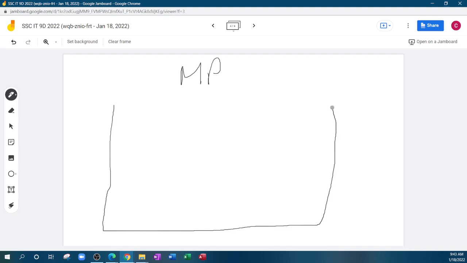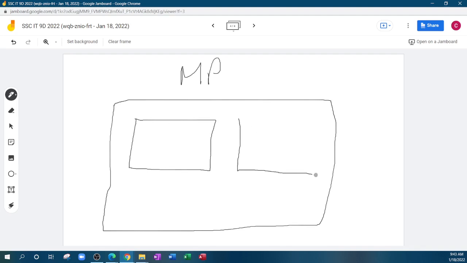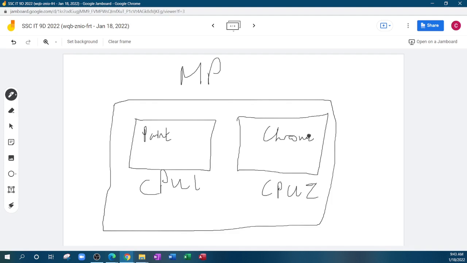So this is the system, this is the motherboard, and this is CPU 1, this is CPU 2, and inside of it, you can have Paint over here, and you can have Chrome over here.